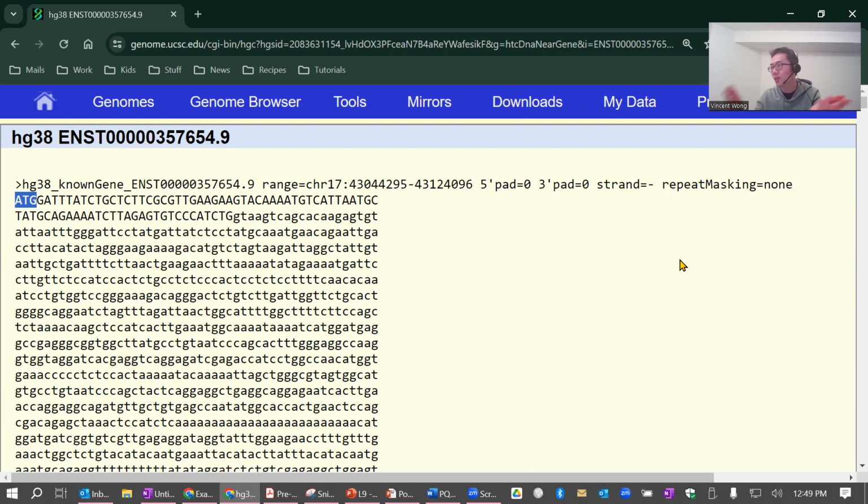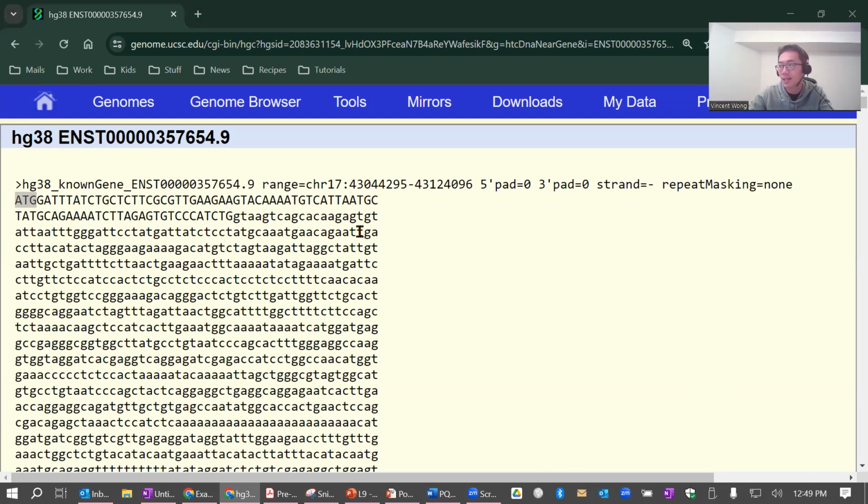Nobody knows? What does ATG become when you do the transcription? Okay, this is heartbreaking, but it's going to become AUG. AUG is the start codon, which marks the beginning of the gene.